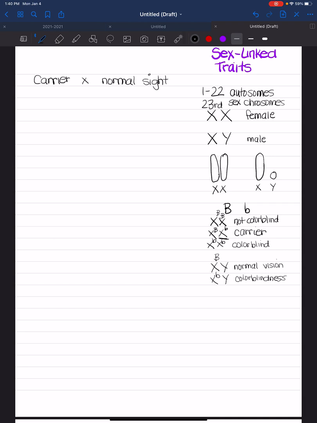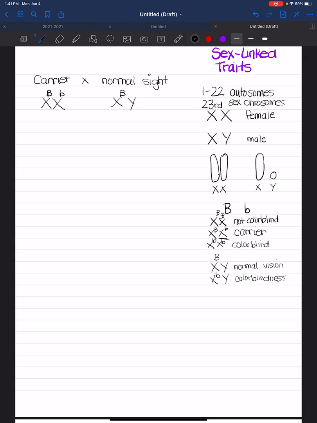I always start out with sex-linked traits by putting the genotypes for whether they're a boy or a girl, because I know that's going to be required for a sex-linked trait. Then I figure out what the alleles are going to be. She's a carrier, so that means she doesn't have color blindness, but she can pass it on to her children. And the male is normal sight, which means he has a big B since color blindness is carried in the recessive form. So that's step one.